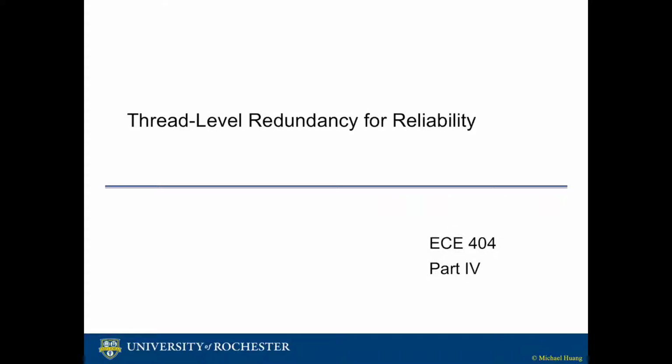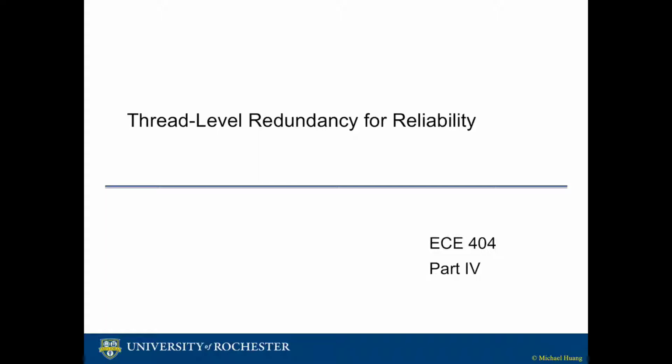Today we're going to talk about something slightly different. This is sort of a high-end feature rather than your run-of-the-mill multiprocessor's basic demand. It's reliability, and I'll explain the reason, or some of the reasons, that we may want redundancy for computation.